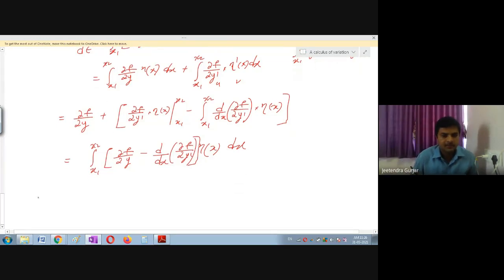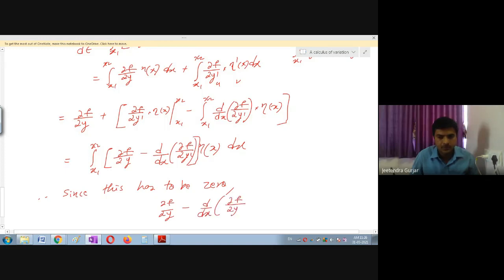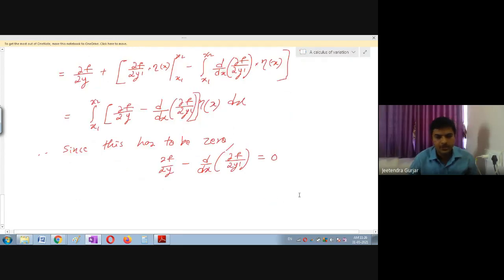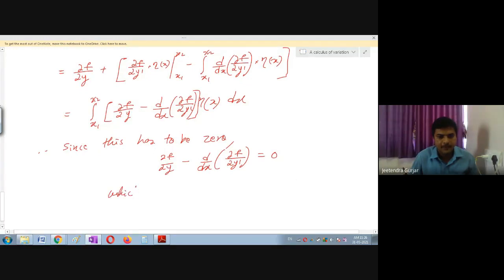Then we say, since this has to be 0, students. So please remember Euler's equation, that ∂f/∂y minus d/dx ∂f/∂y dash is equal to 0, which is known as Euler's equation.